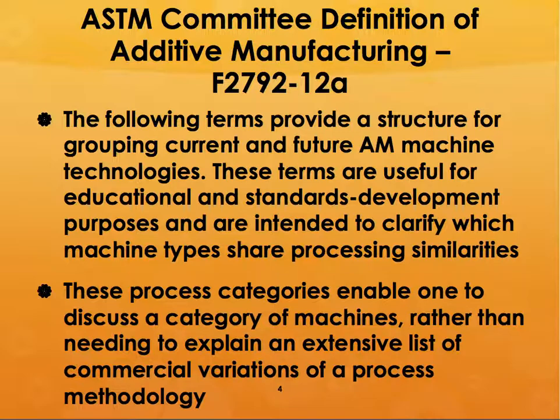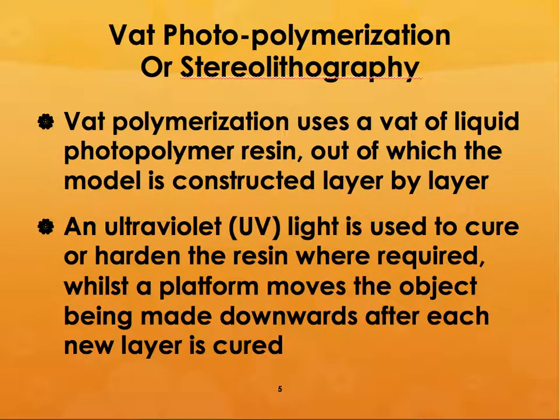These are useful especially for educational and standards development purposes, and you can classify which machine types will share processing similarities or manufacturing similarities. And they enable one to discuss a category of machines rather than needing to explain a wide variety of commercial variations of a process methodology.